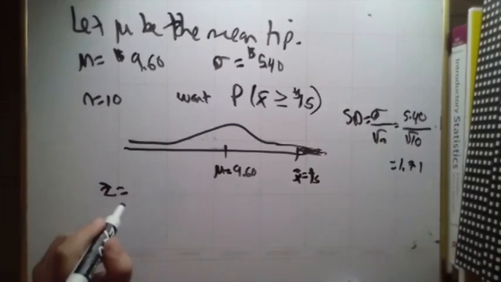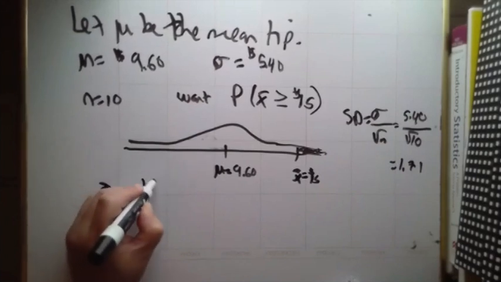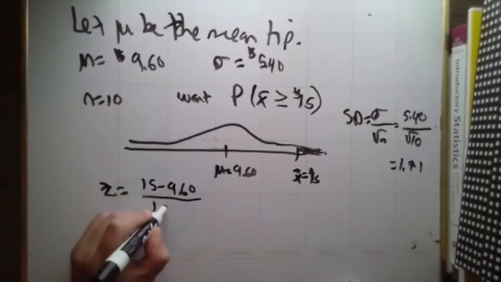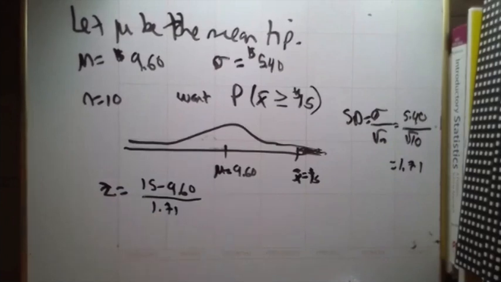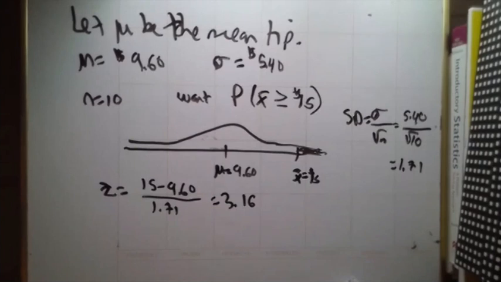So our z-score is going to be the one we want minus the one in the middle, divided by that standard deviation we just found. (15 minus 9.60) divided by 1.71. That is 3.16 standard deviations above the mean.